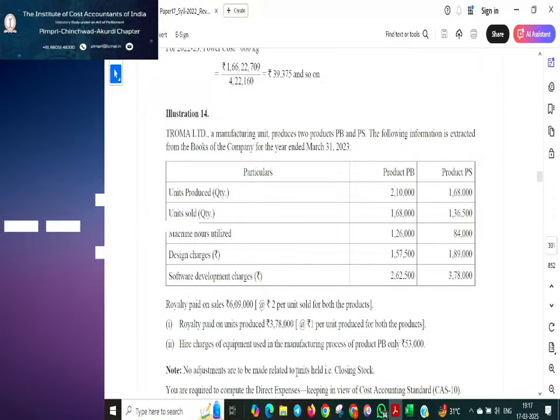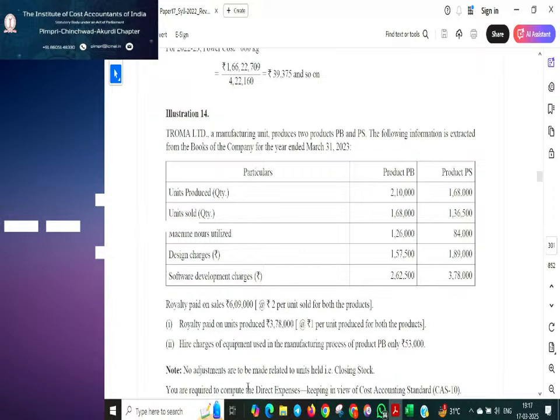No adjustments are to be made related to units held, that is closing stock, because units produced and units sold are two different things. So this will give rise to a closing stock, but we don't have information about any stock and they have asked us to ignore that totally. You are required to compute the direct expenses keeping in view Cost Accounting Standard 10.